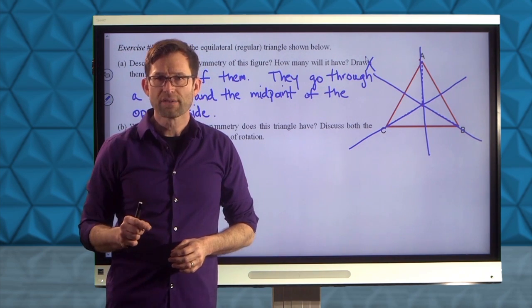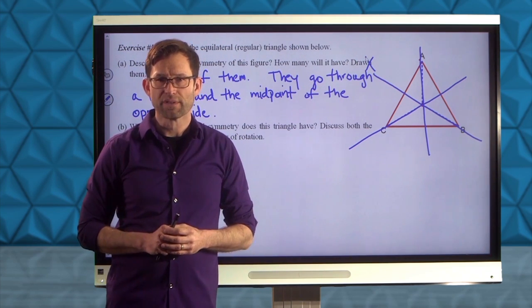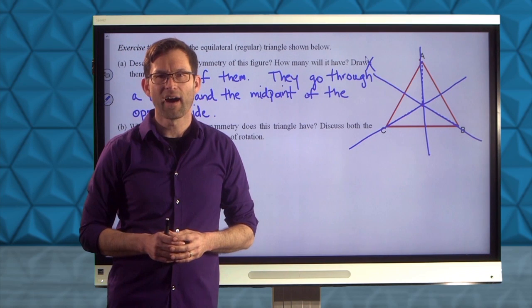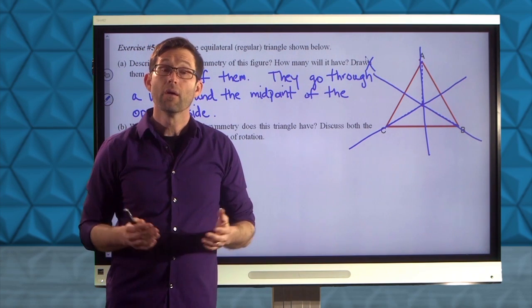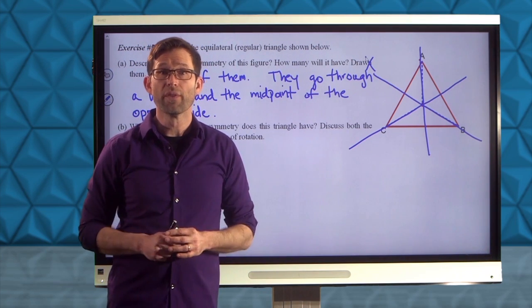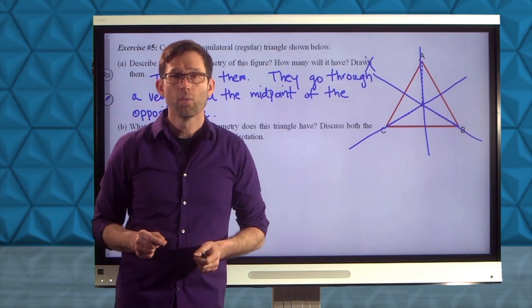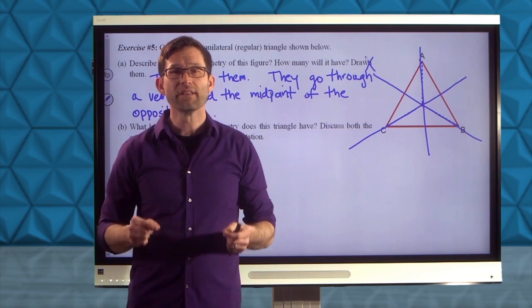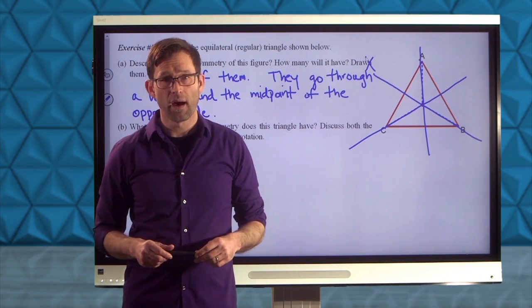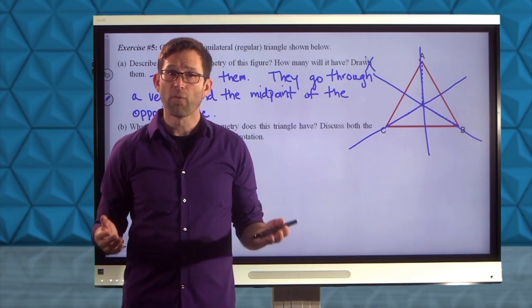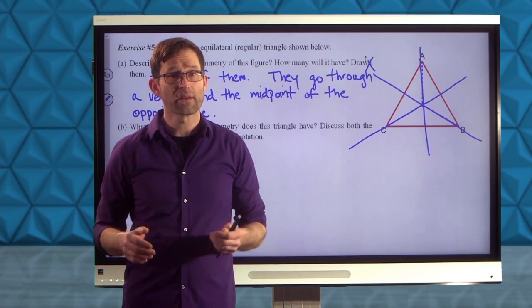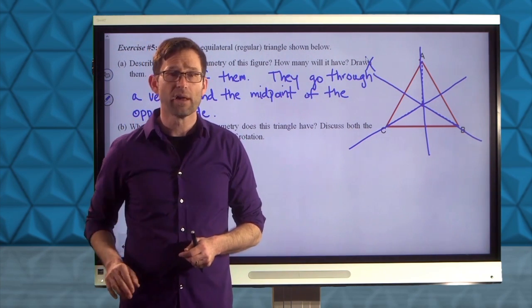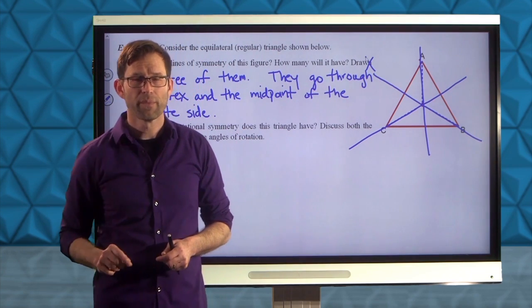Not a great surprise, given that it's got 3 sides, although that isn't entirely the end of the story. But it is true that a regular polygon will have the same number of lines of symmetry as it does sides. So a square will have 4 lines of symmetry, a regular pentagon, a 5-sided figure, will have 5 lines of symmetry, etc.